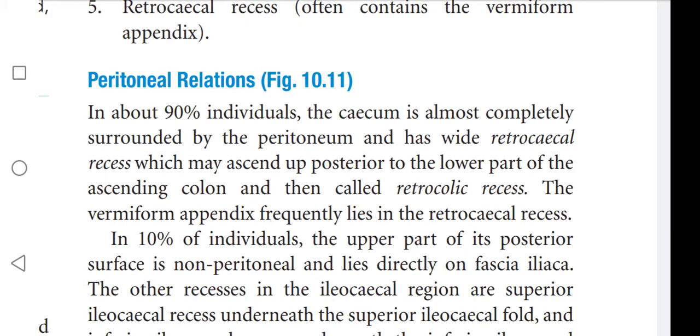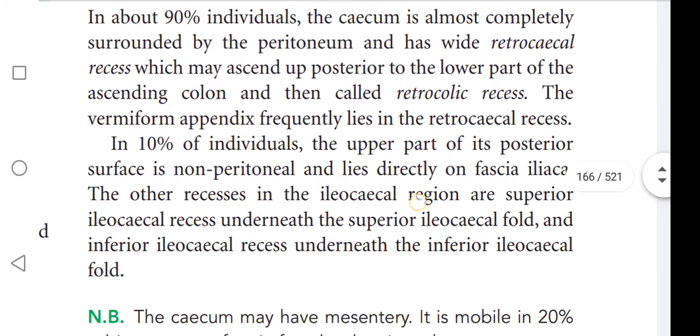The vermiform appendix frequently lies in the retrocecal recess.